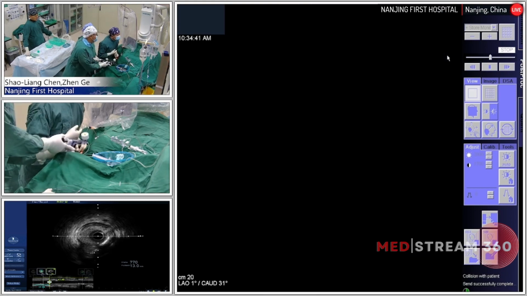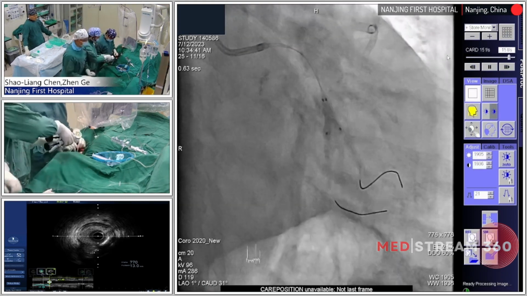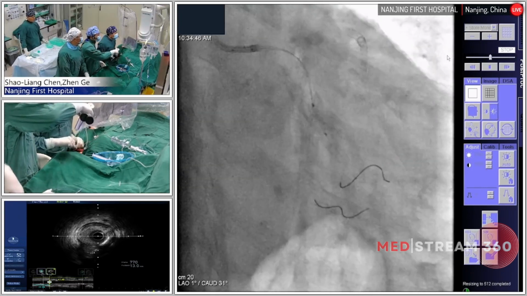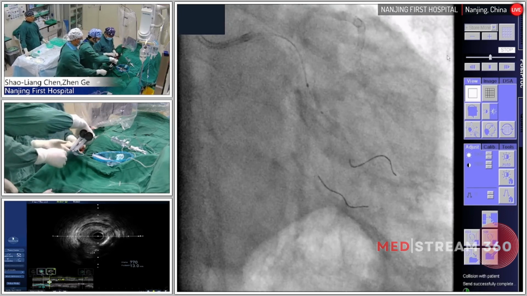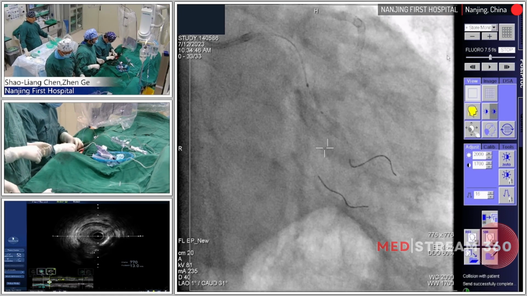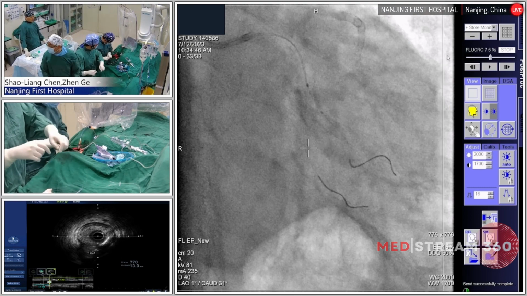Okay, great. So for any kissing balloon inflation, we always recommend keeping a short overlap of two balloons in the main vessel to rebuild the metal carina, which is very important to minimize and reduce thrombosis.